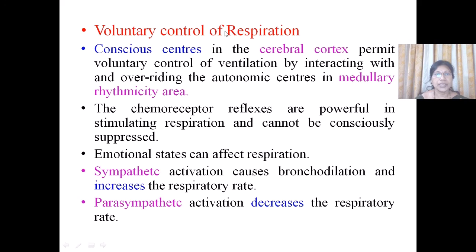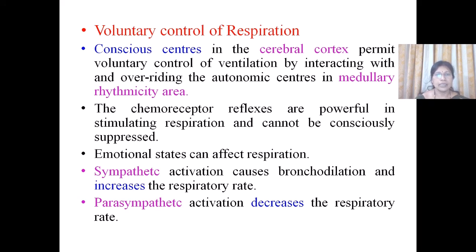Now, voluntary control of respiration. Conscious centers in the cerebral cortex permit voluntary control of ventilation by interacting with and overriding the autonomic centers in the medullary rhythmicity area. This is essential in swimming, speaking and singing, which are precisely timed.